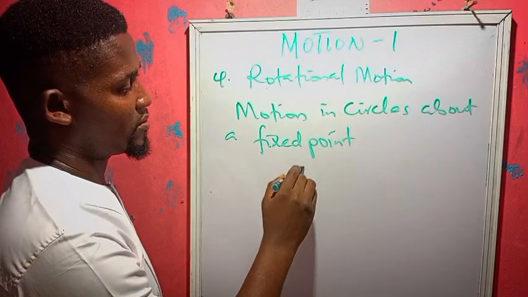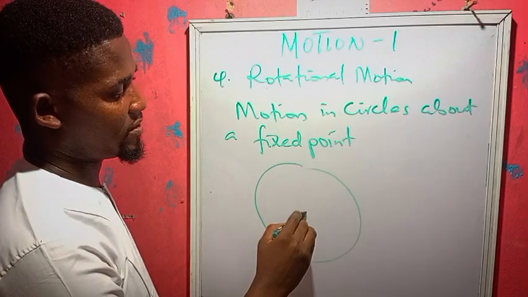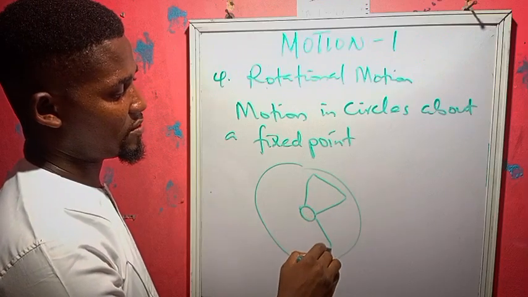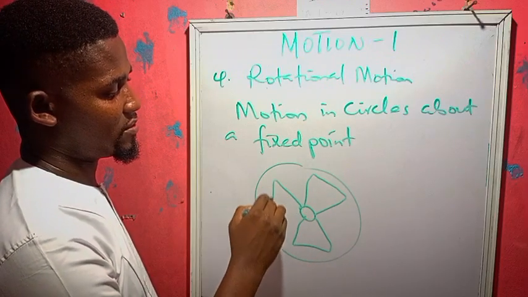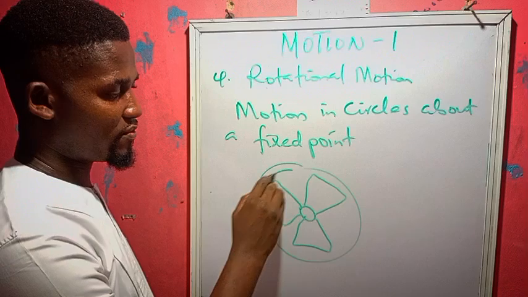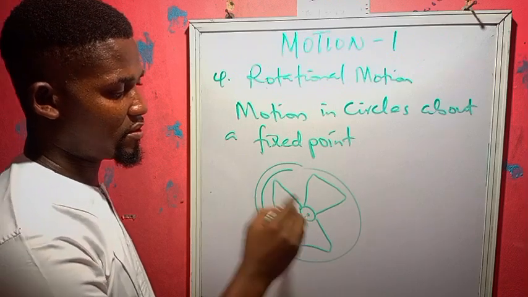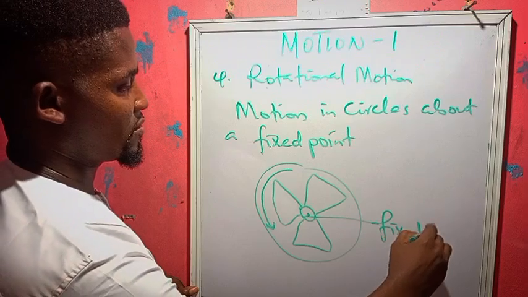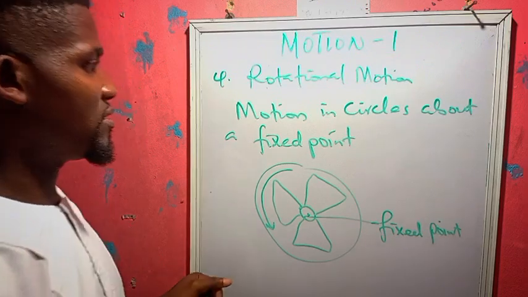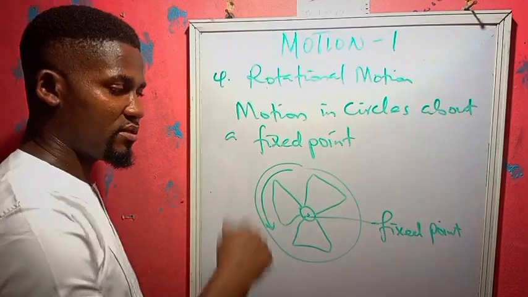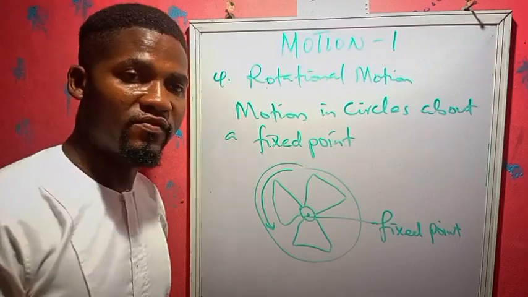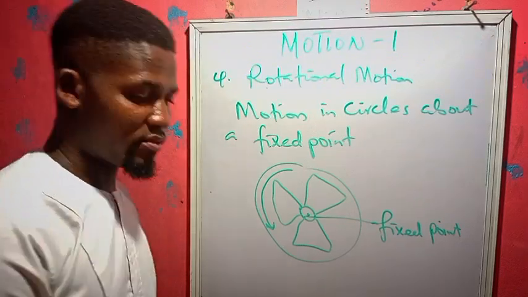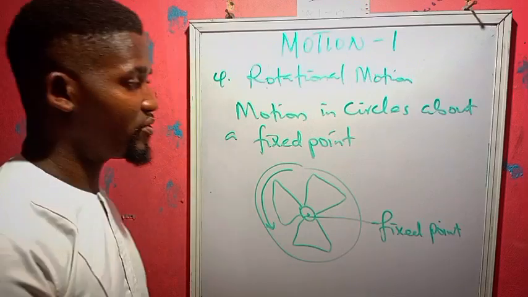For example, the blades of a fan. We have a fixed point here, and when it moves like this around the fixed point, that is motion in circles about a fixed point. These are the blades of a fan, moving in circles. Now there is another form of motion, which is relative motion.